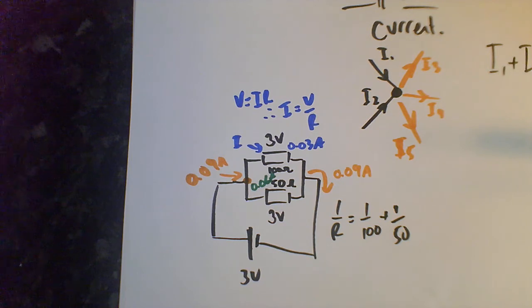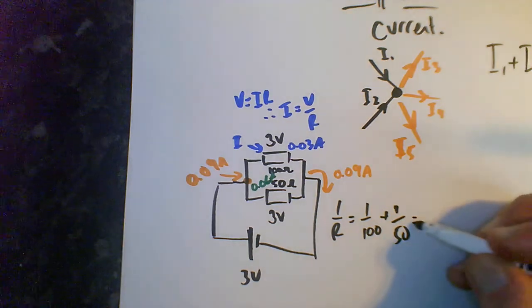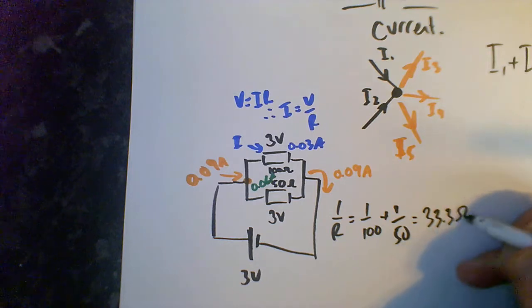We will inverse that, to the power of minus 1. So the total resistance here is 33.3 ohms.